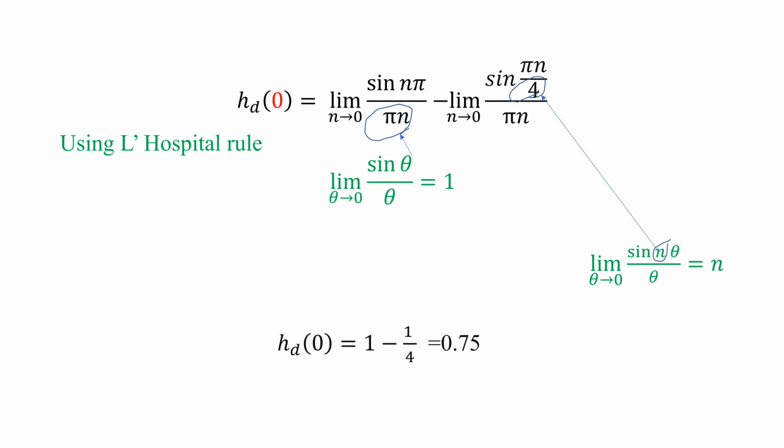We can use L'Hospital's rule. In our hd of 0, there are two terms. Similarly, there are two equations available in L'Hospital's rule. For the first, we can use the first formula: limit theta tends to 0, sin theta by theta is equal to 1.